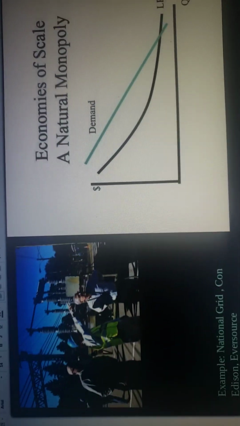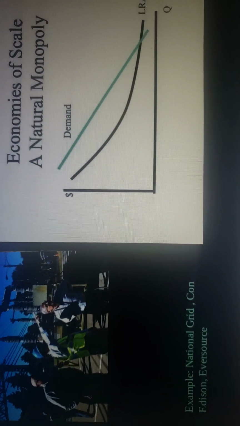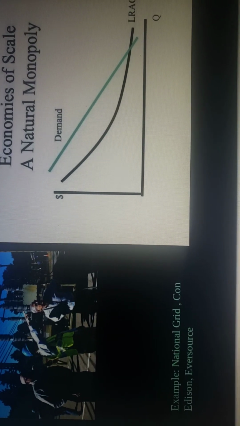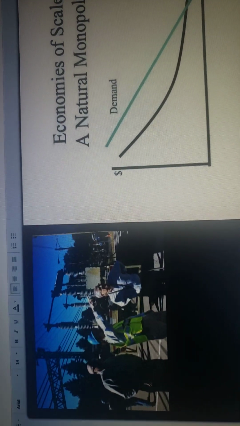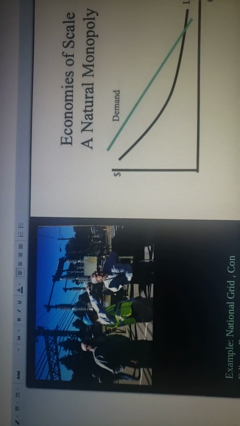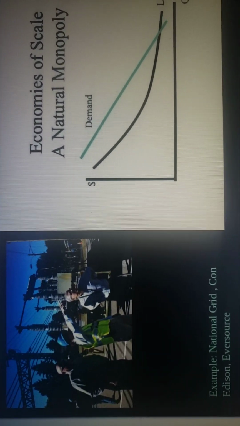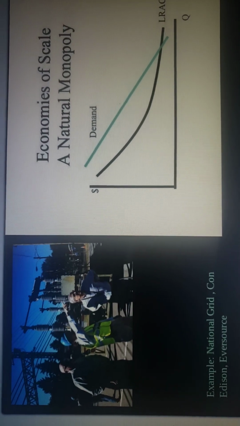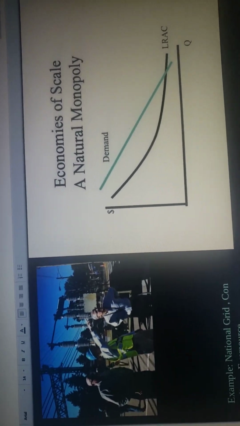Here we have a picture of what we spoke about regarding a natural monopoly, a utility site, whether it could be National Grid, Con Edison, or Eversource, a power site.